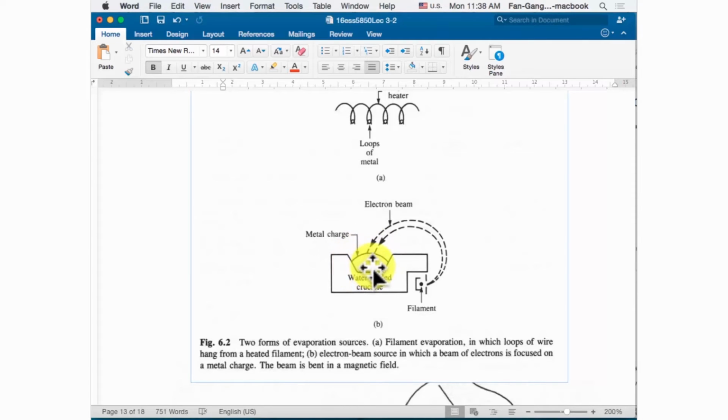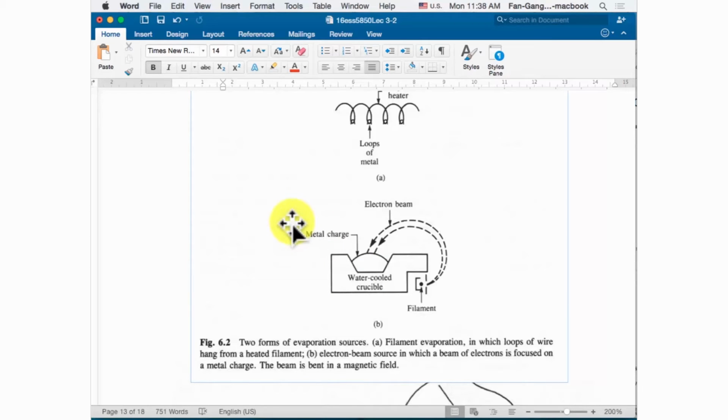That way we can heat up many different kinds of material without too much contact between the target and the container, which could cause reaction or side effects. So by using this way, it's easier to heat up many different kinds of materials, including high temperature materials.